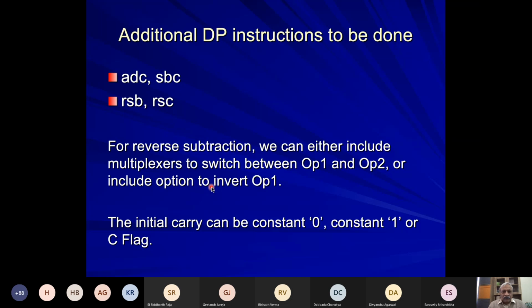The other way would have been to interchange operand 1 and operand 2. And the way we have taken care of add with carry, subtract with carry, RSC, the initial carry can be a constant 0 or a constant 1 or the C flag. These are 3 options which can be fed to the initial carry input.